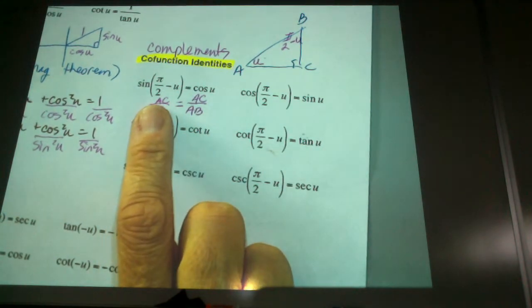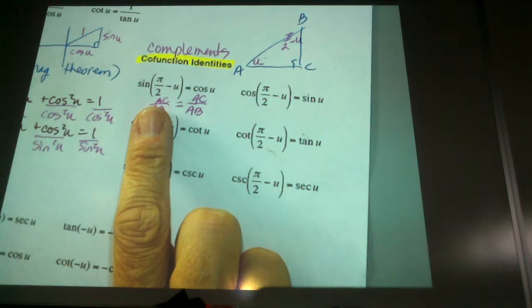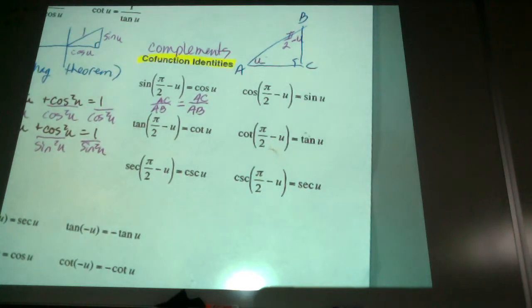So if I said the sine of 30 degrees was 1/2, what's the complement of 30 degrees? 60. So what's the cosine of 60 degrees? 1/2. So the sine of 30 and the cosine of 60 are exactly the same, and they are both 1/2. That's all it's saying. So we're going to use that in a bit.